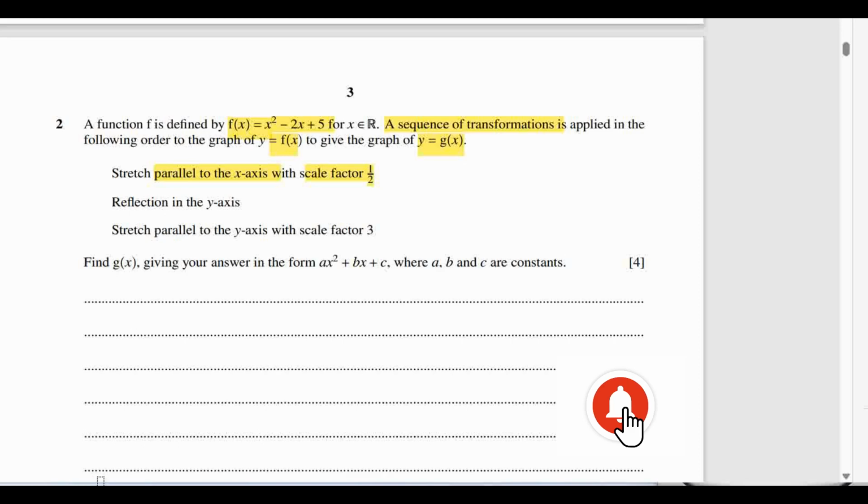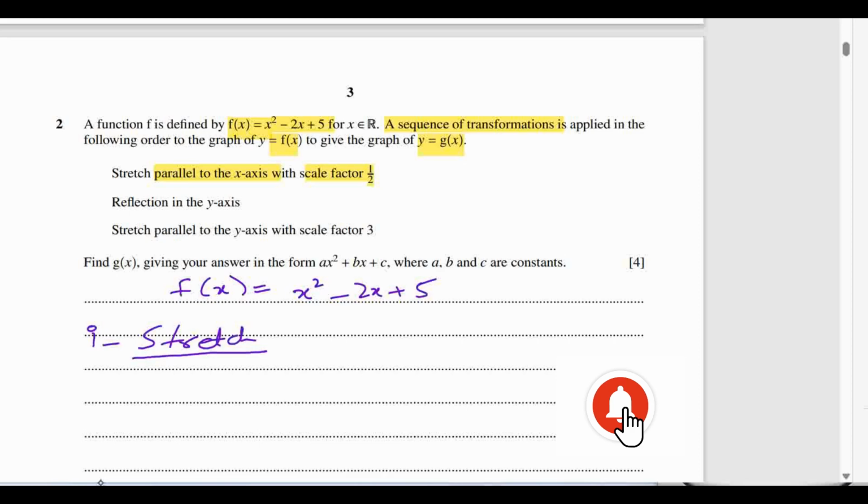Now as we can see, the function is f of x is equal to x square minus 2x plus 5. The first portion is the stretch, because we have to follow the sequence.